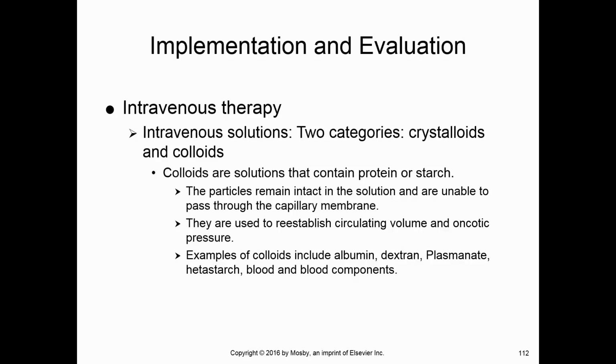So we can use those in addition to blood products to help beef up someone's blood volume, especially someone who might be having a bleeding issue. I think we have used plasminate, but I know we've used hetastarch in the C-section OR where we've had a patient that's having a bleeding issue.